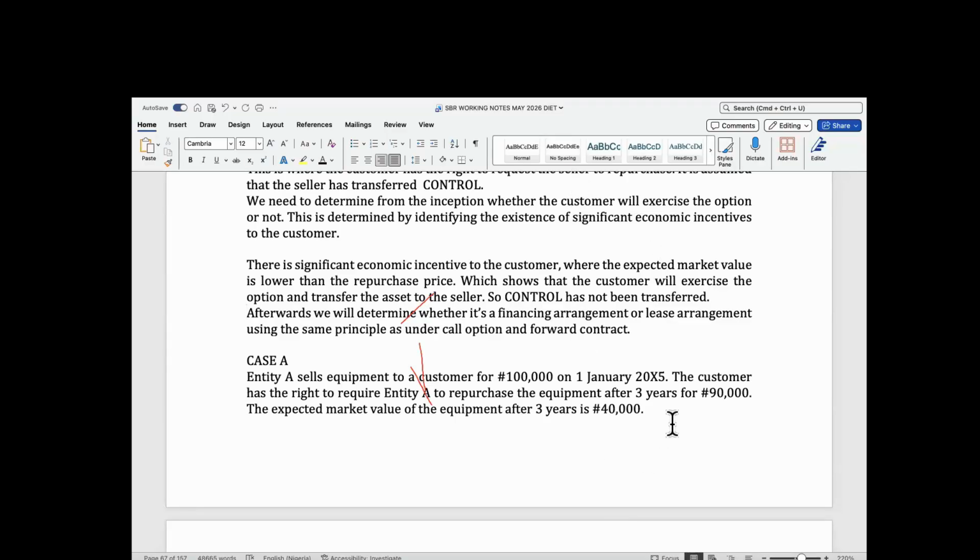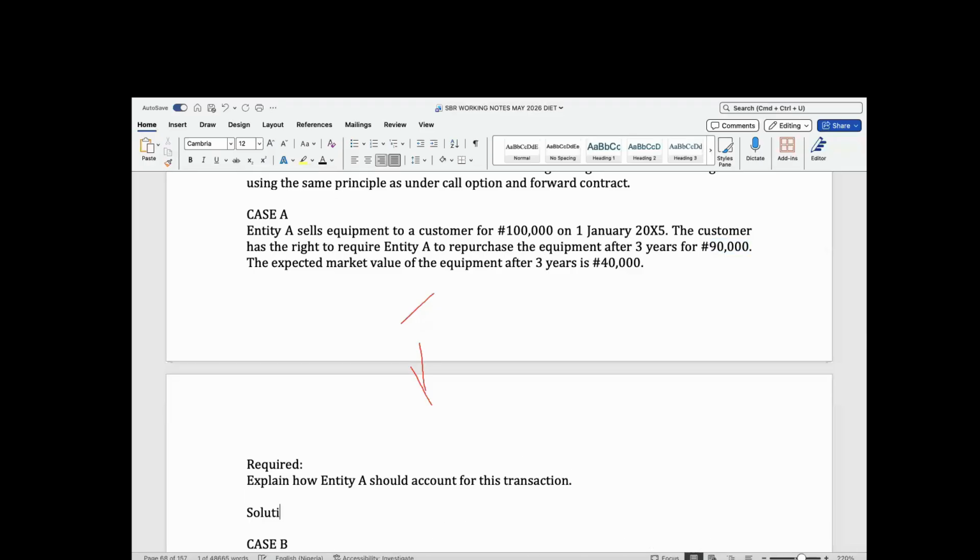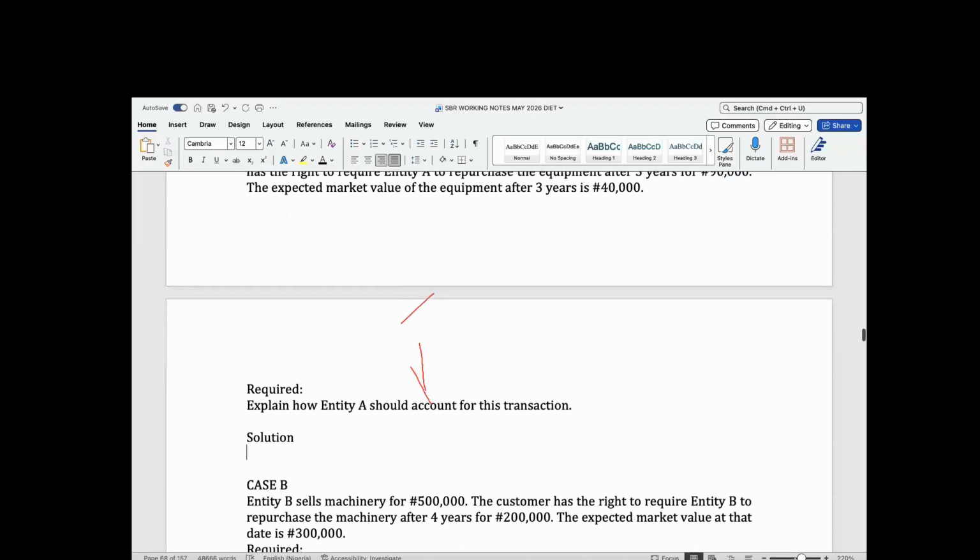Yes, there is, because he would sell it for higher than the market value. The market value is 40,000 and he is going to get 90,000. So there is significant incentive here. So first, this is a put option, and the expected market value is lower than the repurchase price.